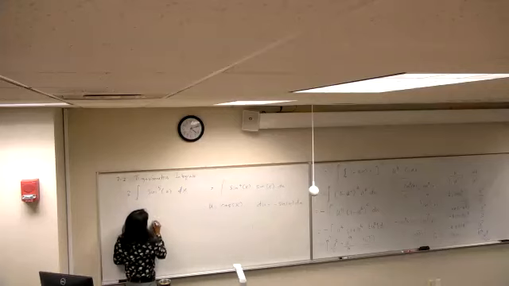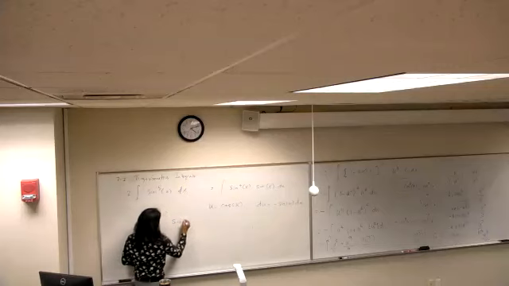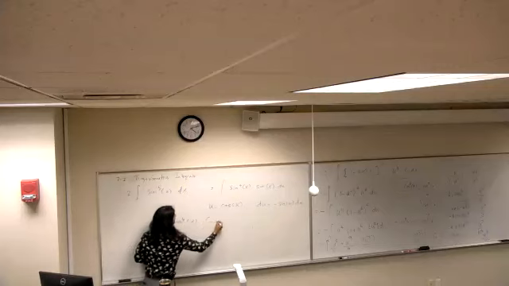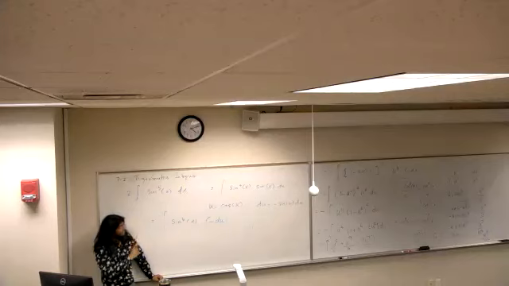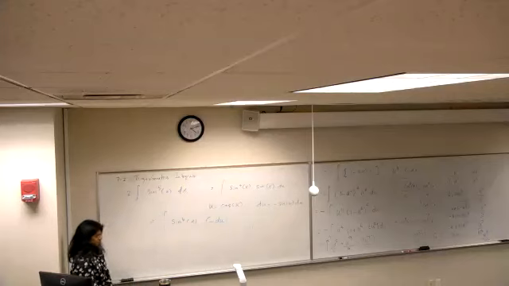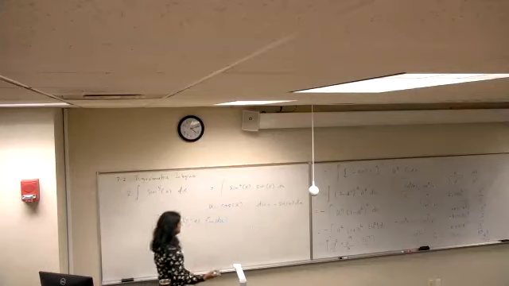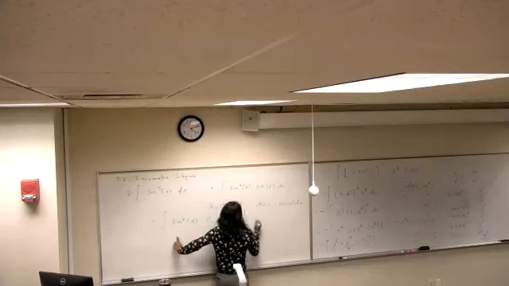Good. Integral sine raised 4x. I can rewrite this part as negative du. All I have to do is find a way to write this in terms of cosine. This is completely doable. That is why we rewrote it in an even power.